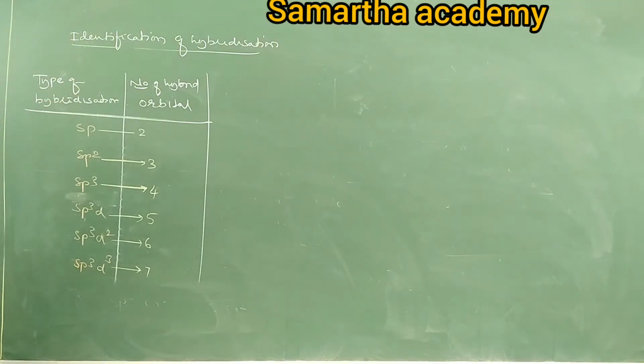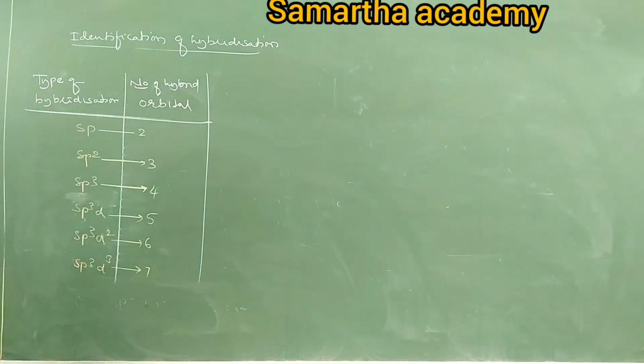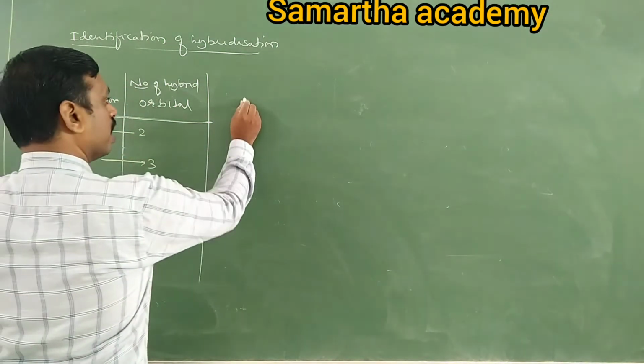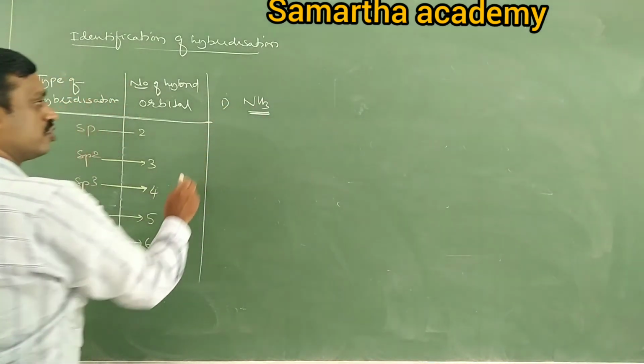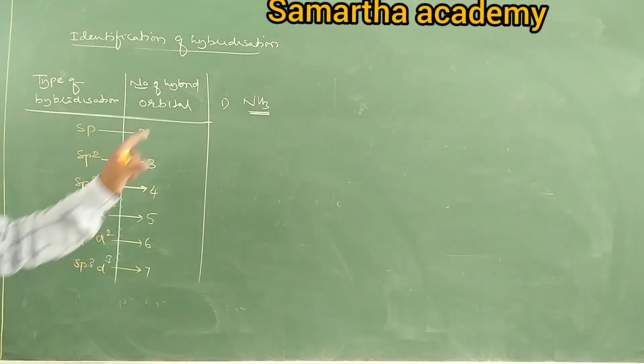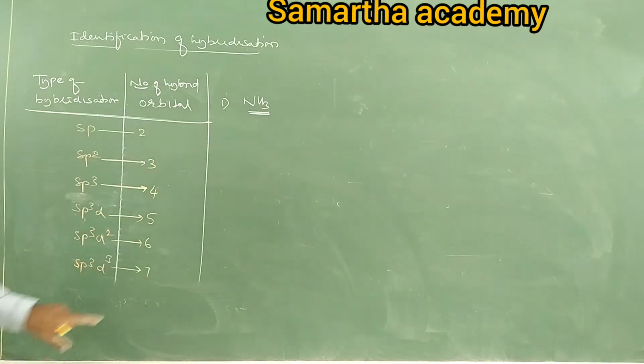If you want to know the hybridization of a molecule, it is better to calculate the number of hybrid orbitals. For example, take ammonia. I want to know the hybridization of the central atom, nitrogen, in ammonia.